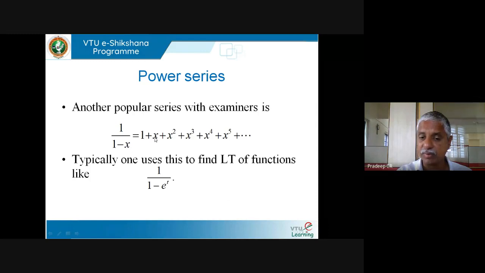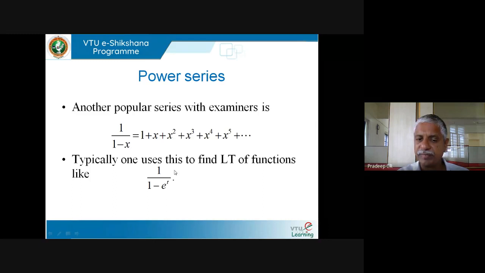You will get 1 plus e power t plus e power t whole square, which is e power 2t, plus e power t whole cube, which is e power 3t, etc. Laplace of this is same as Laplace of this, which means Laplace of 1 I know, Laplace of e power t I know, Laplace of e power 2t I know, Laplace of e power 3t I know, like that Laplace of e power nt I know, right? Laplace of e power nt is 1 by s minus n. Remember, Laplace of e power at is 1 by s minus a. That's what you have to use.